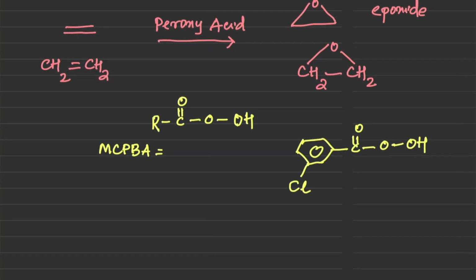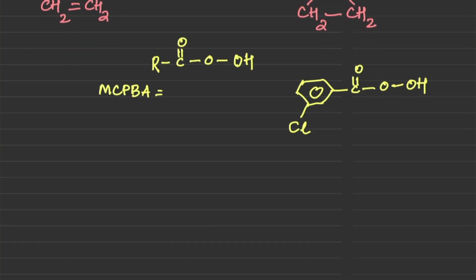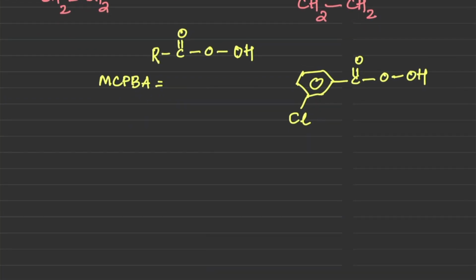Okay, let's look at the other ways we can make them. Let's practice a few of those. Let's say you have a structure like this and you treat it with MCPBA. We will discuss stereochemistry in a second, but let's do the basic reaction first. We can make epoxides from a double bond.